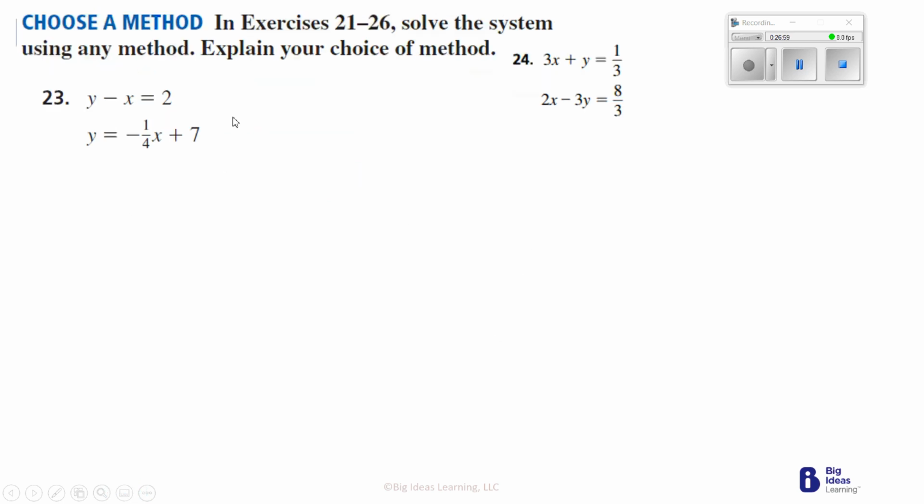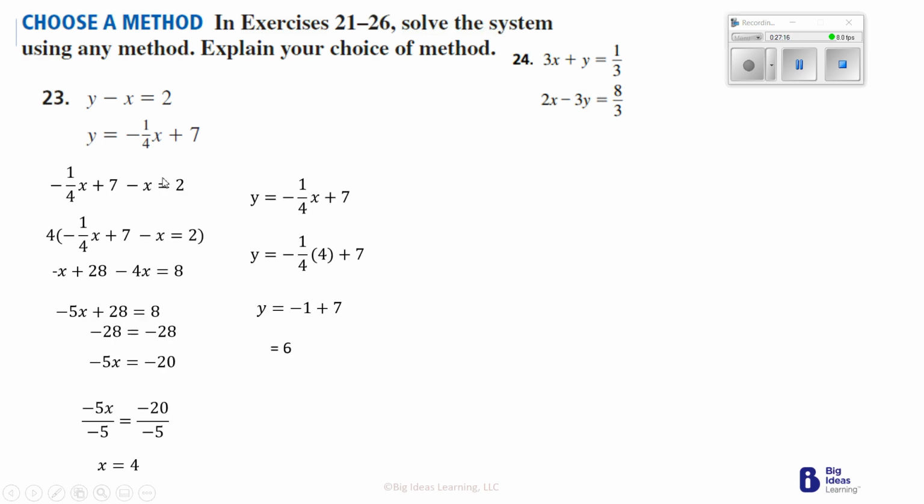23, I'm going to try to work through this quickly. It says solve, explain your choice. Because I have a y here, I would definitely have used elimination. I would have multiplied everything down here by negative 1, and that would have given me a negative y.